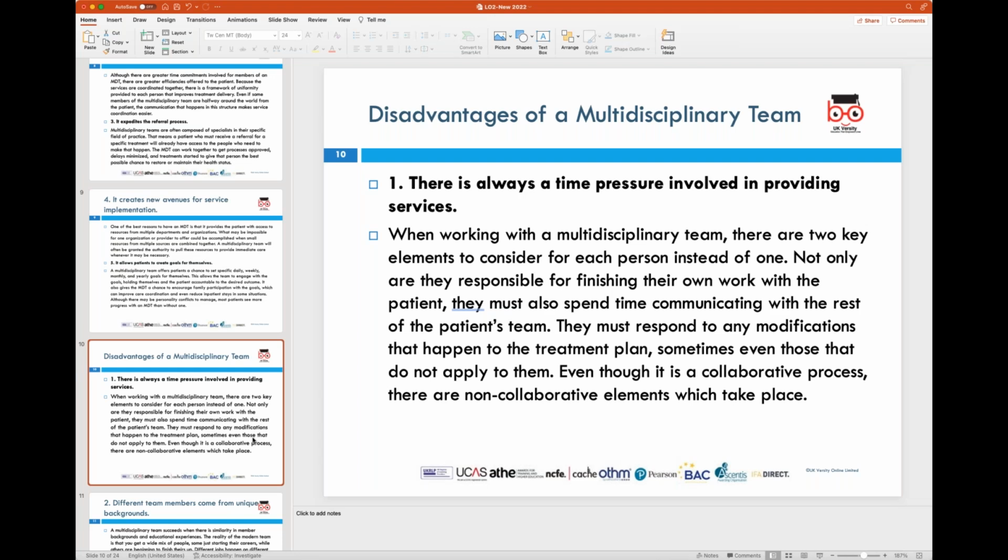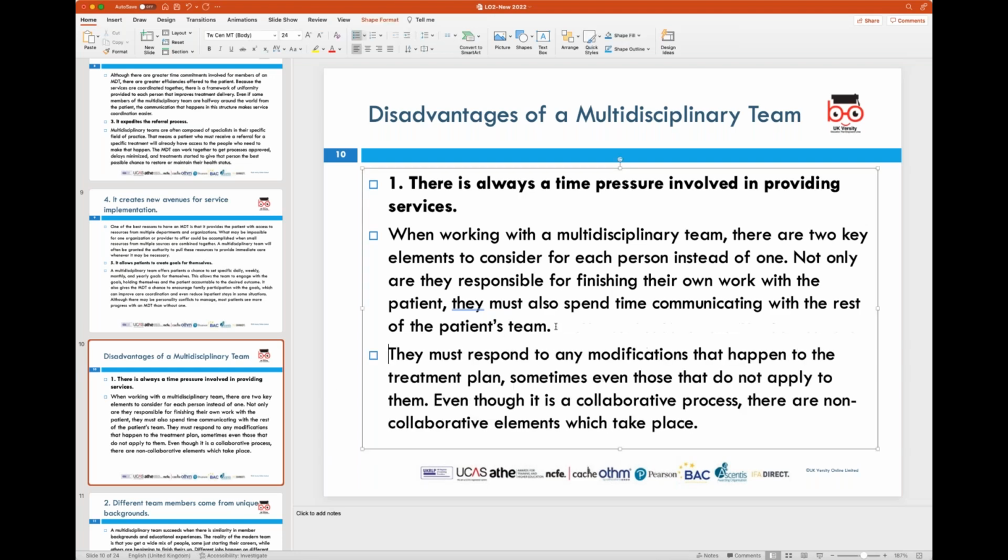Sometimes there are modifications required in the treatment plan, and these changes create stress and time pressure for the staff involved in delivering this integrated care.